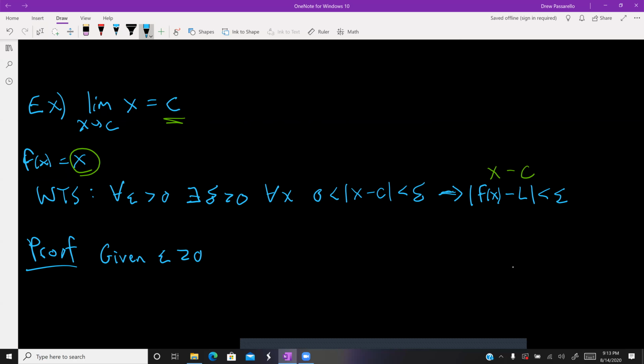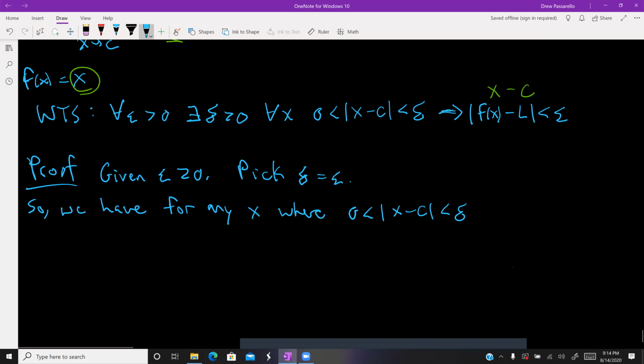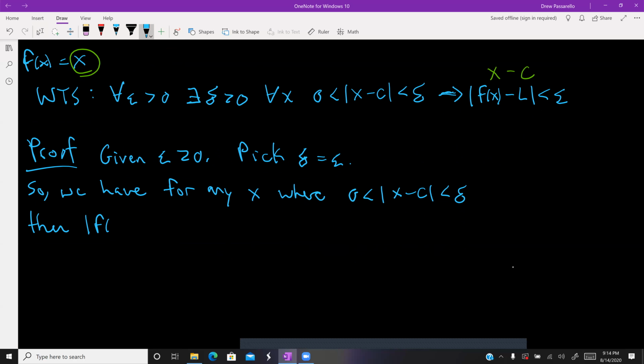So the proof: given epsilon, let's just pick delta to be epsilon. Then for any x where 0 is less than the absolute value of x minus c less than delta, the absolute value of f of x minus L is really just x minus c, and that's going to be less than epsilon since that's already less than delta.